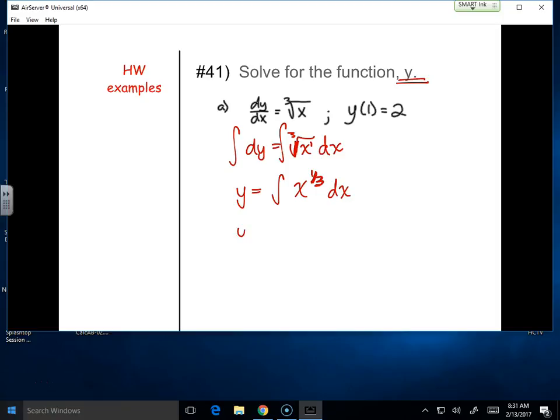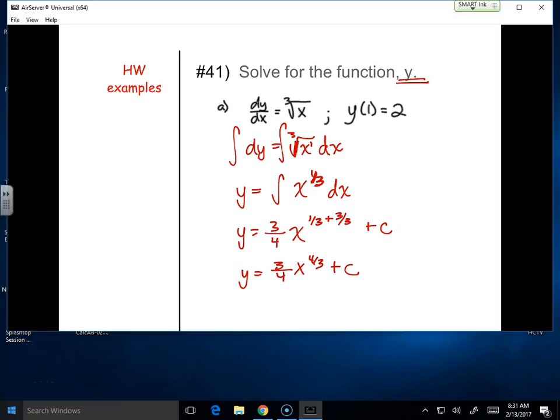Now we got this. It's a Monday, but this is review. How do we integrate x to the 1/3? Yeah, and if you guys need to see it, remember we can make it plus 3/3, right? What's that fraction? 4/3. We multiply by the reciprocal. Plus c. Make it a lot prettier. y equals 3/4 x to the 4/3 plus c.